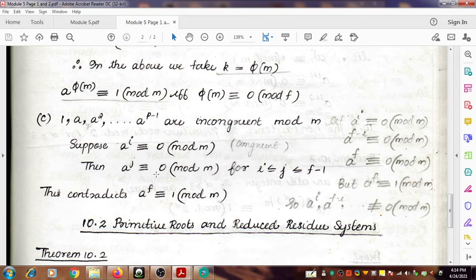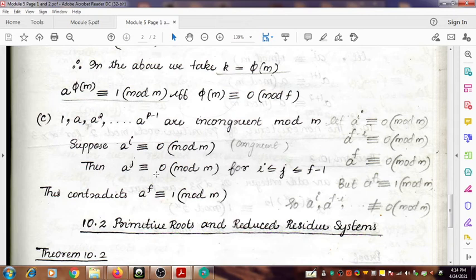So you can assume that a raised to i and a raised to j give the same remainder.